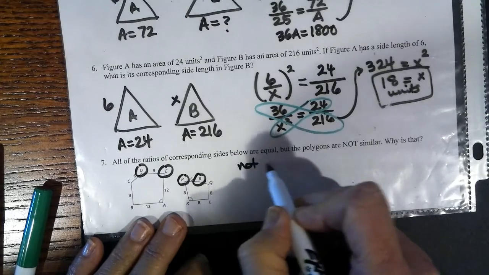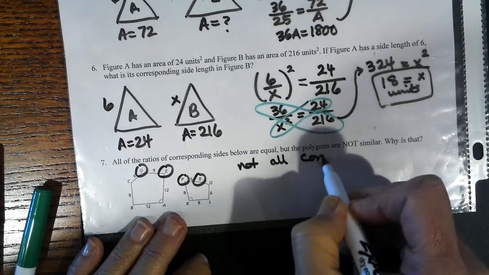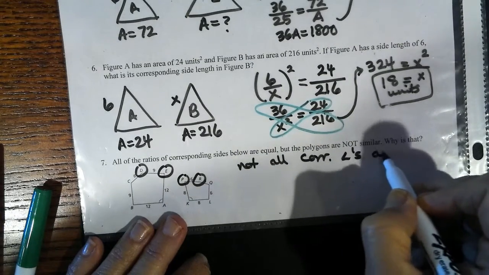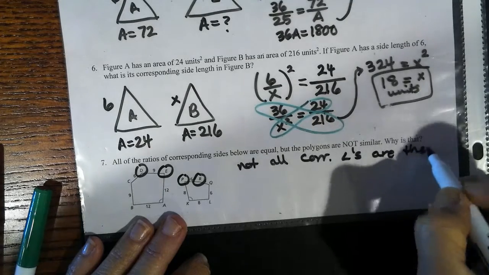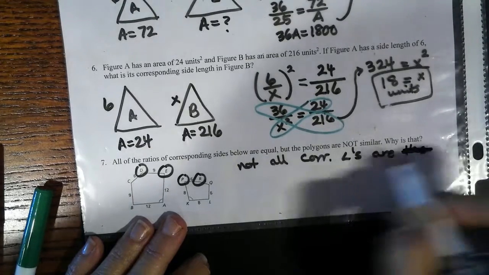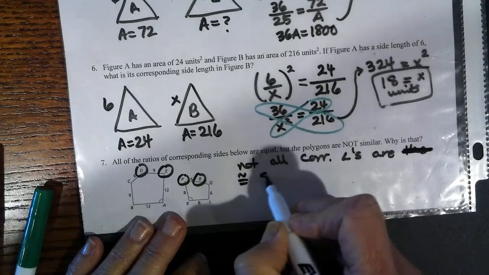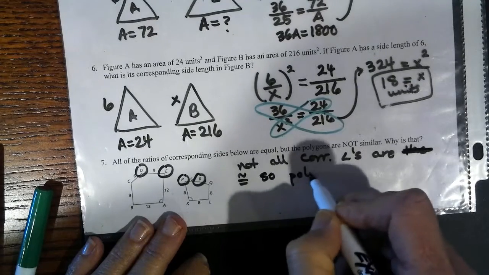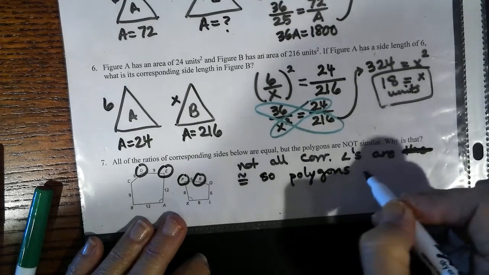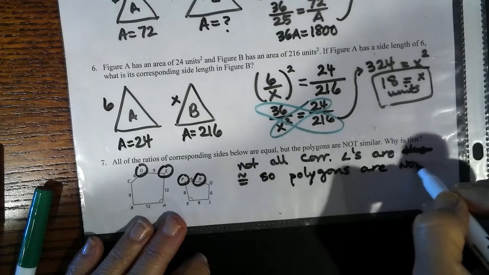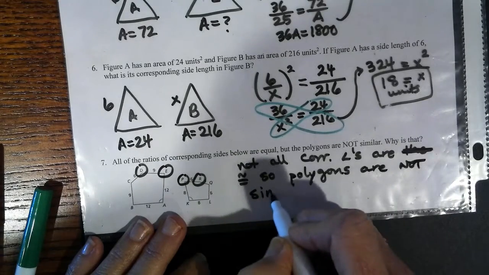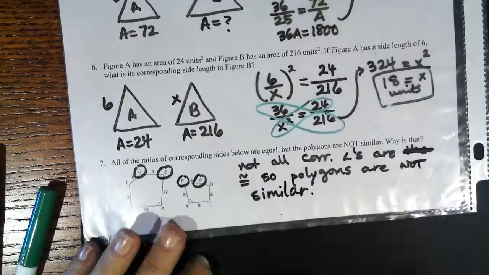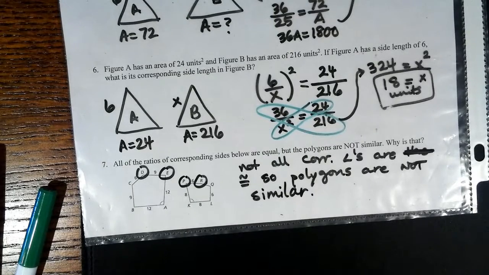So not all corresponding angles are congruent. So these polygons are not similar. So if you get a picture, all you have to do is compare them and say that they're not, or they are. You have to just check all of them.